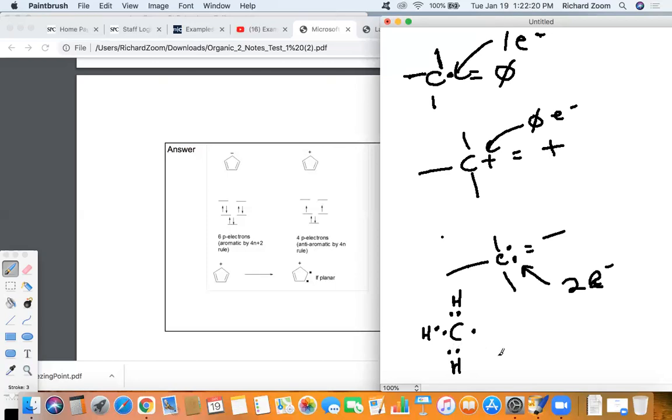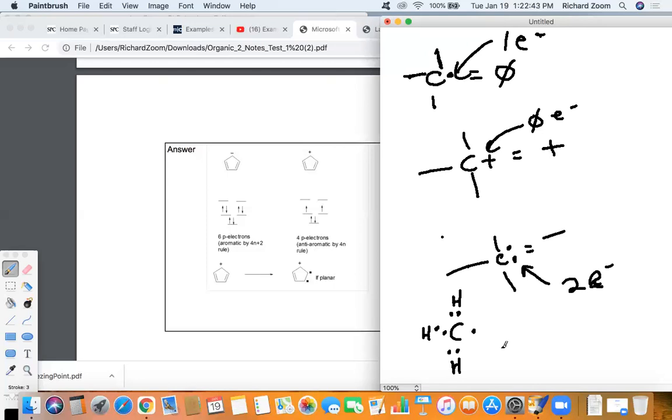Yes. All right. Can you see that I haven't added electrons from anywhere or taken them away, and there's no way that this could have a charge on it now in this situation?